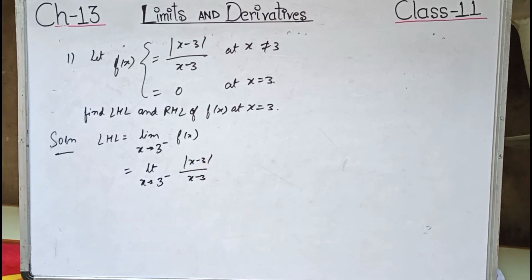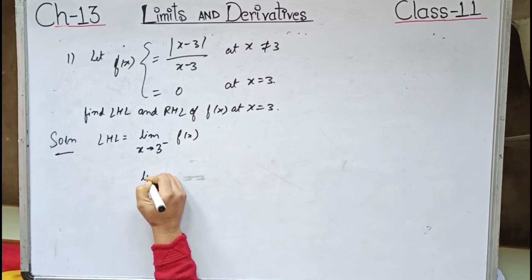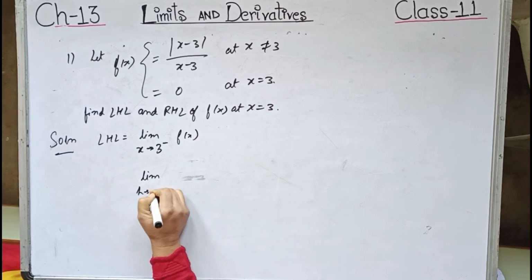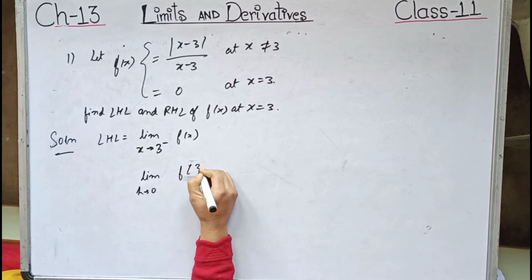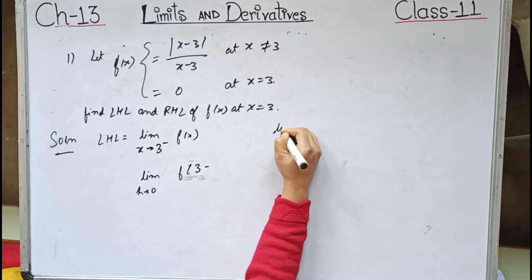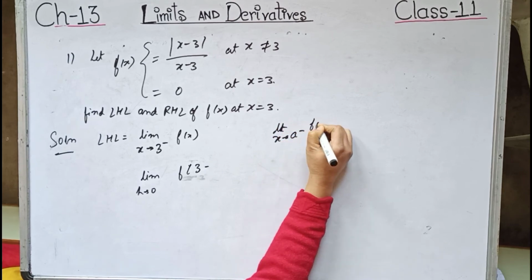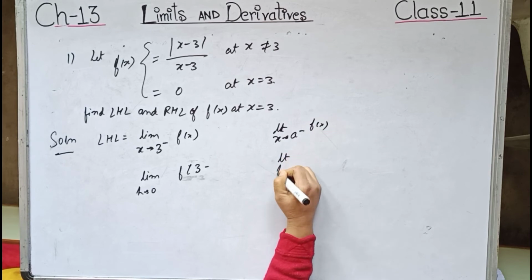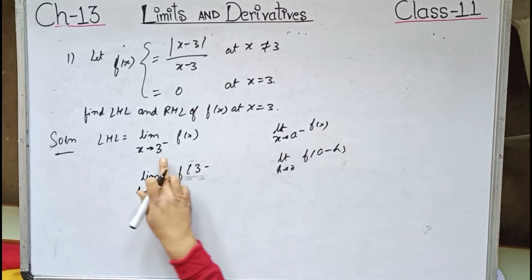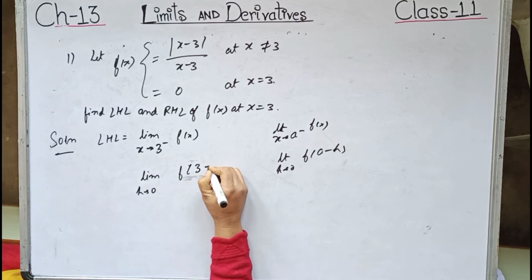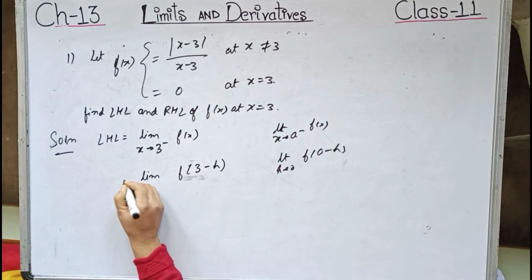Or directly we can write limit h tending to 0 f(a minus h). Here a is 3, so we write 3 minus h. Now simply we will find the value by solving.